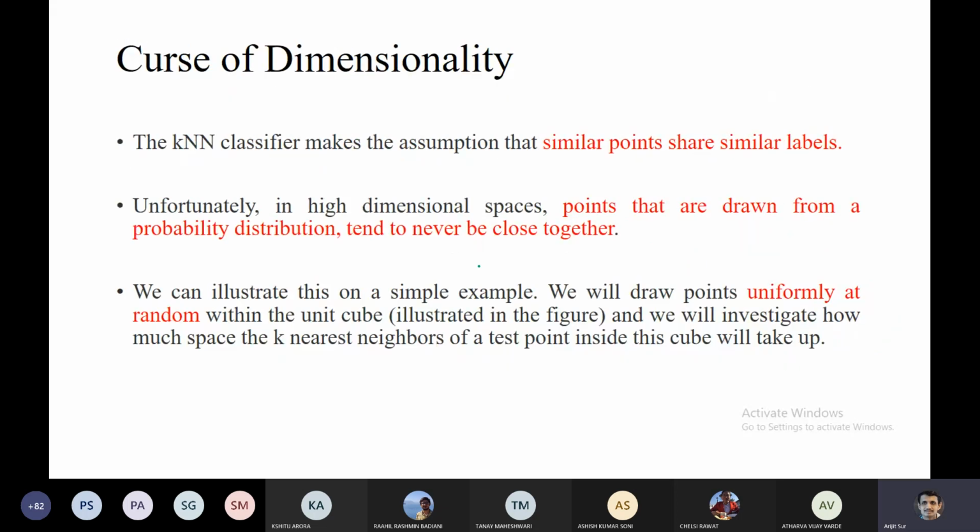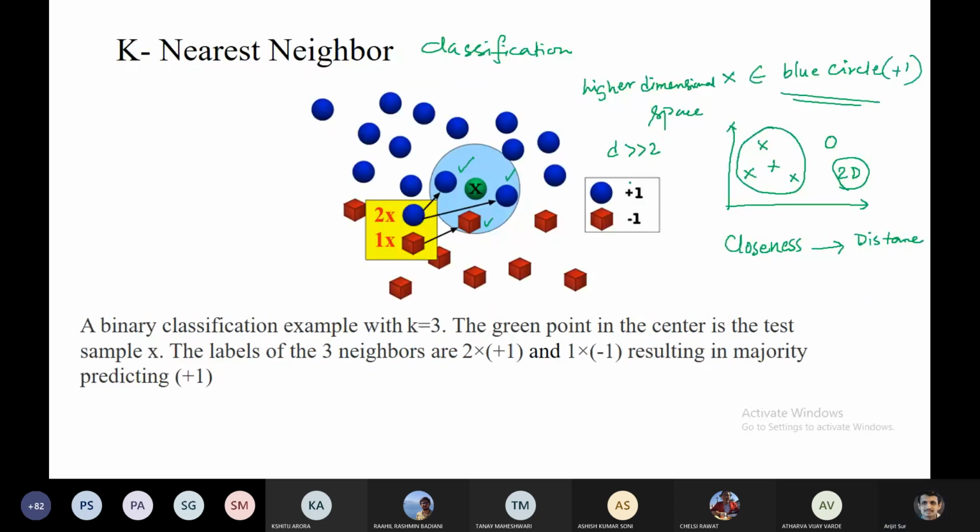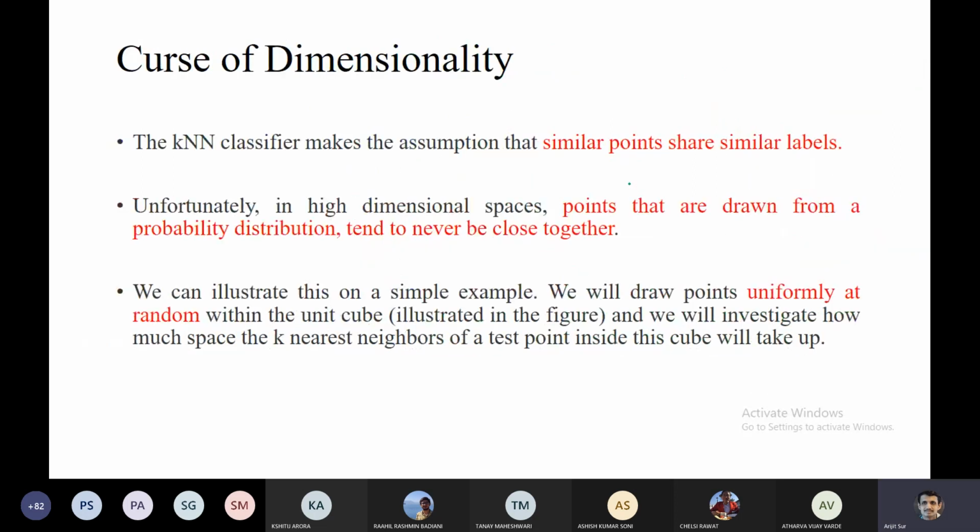So far we have seen how this k-nearest neighbor works. Now the question is, whatever we have discussed, our simple understanding is basically two-dimensional, so we are in R squared space so that we can understand it easily.